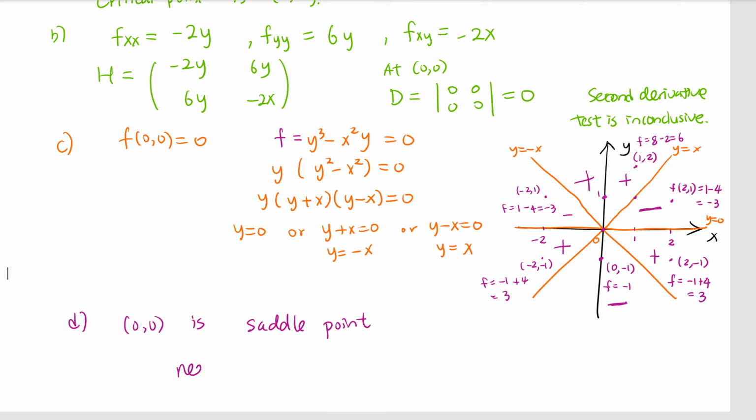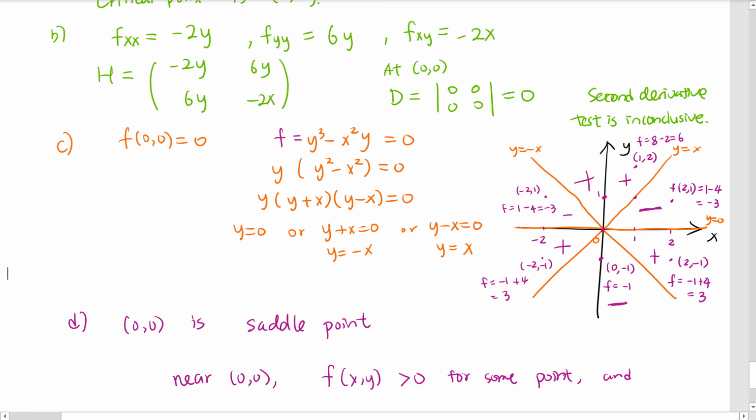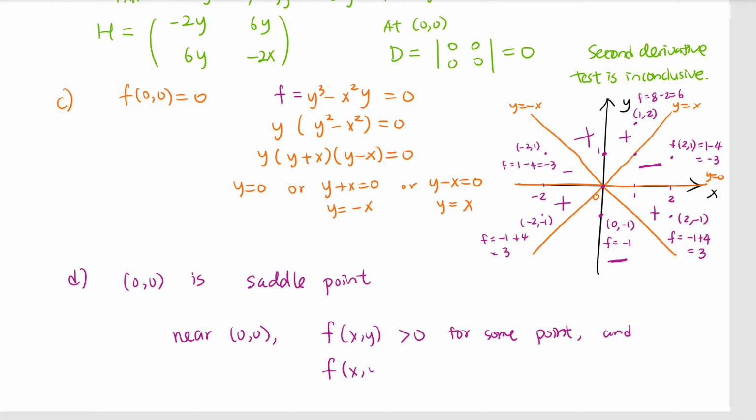Okay, because near 0, 0, f of x, y is positive for some points, and f of x, y is negative for some points.